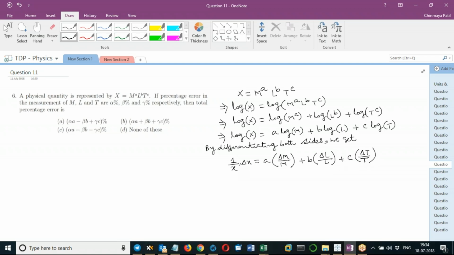So now from here, if we do a percentage error calculation, what we will get?